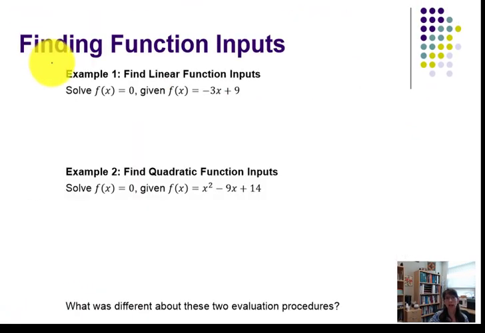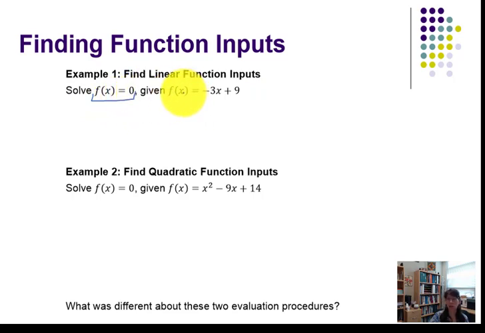Now we'll talk about finding function inputs. In example 1, we're going to solve f of x equals 0. So if we're given the function f of x equals -3x plus 9, that means we are setting the whole function equal to 0.